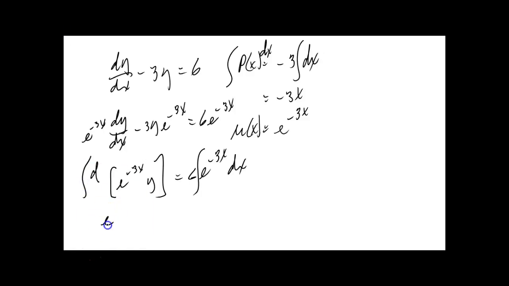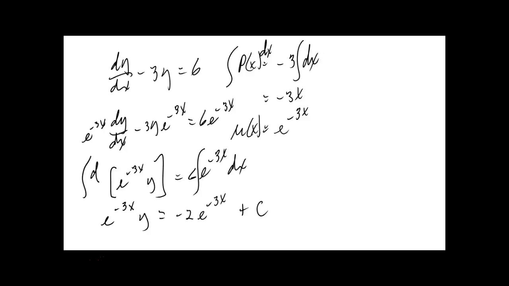This becomes e to the minus 3x y is equal to minus 2 e to the minus 3x, right? We did that right, plus c. Now, I tried to get fancy here and call it e to the c. You can't quite do that yet.